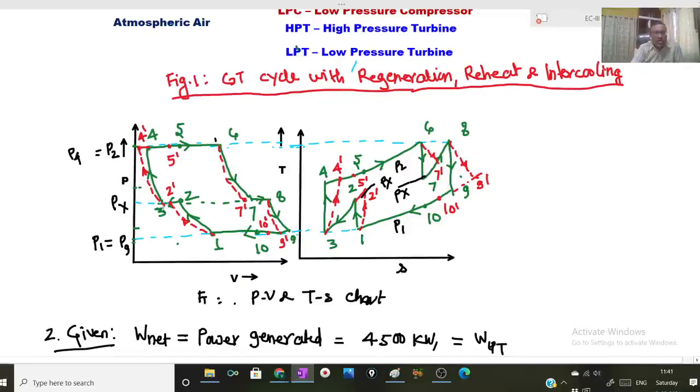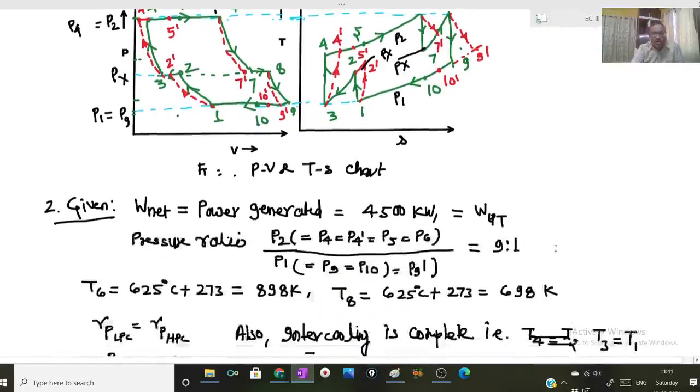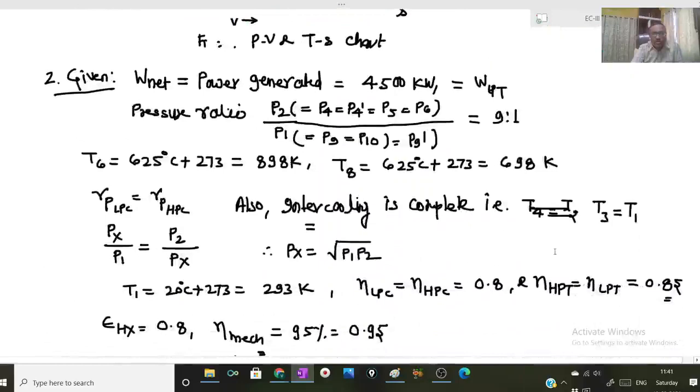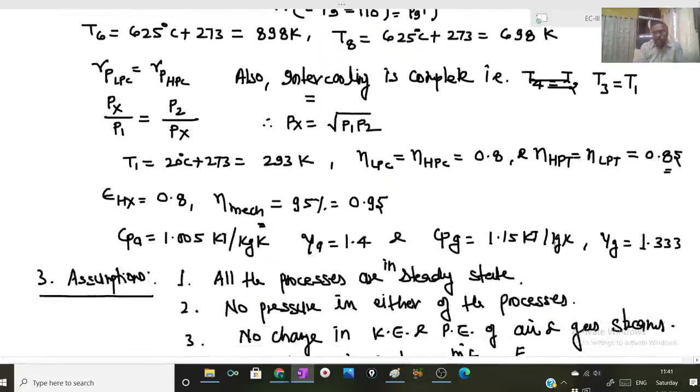T3 I know because the problem is saying T3 is equal to T1, intercooling is perfect. Okay. So let us do this. T3 is equal to T1 in the given, and it is 293 Kelvin.